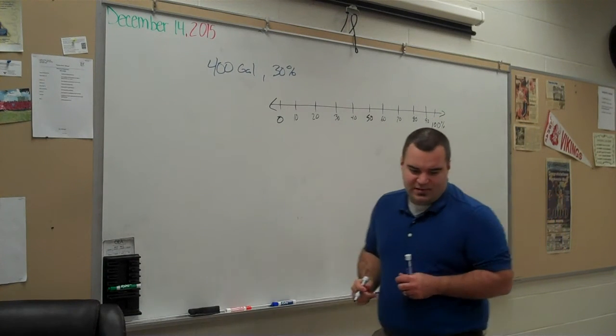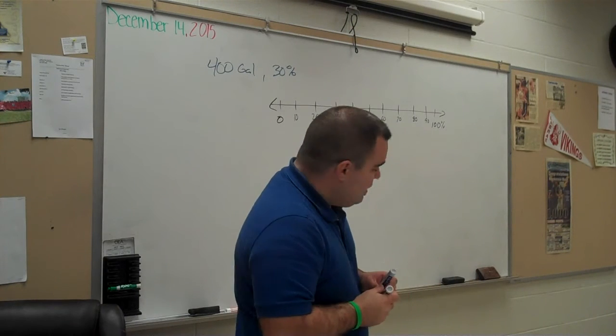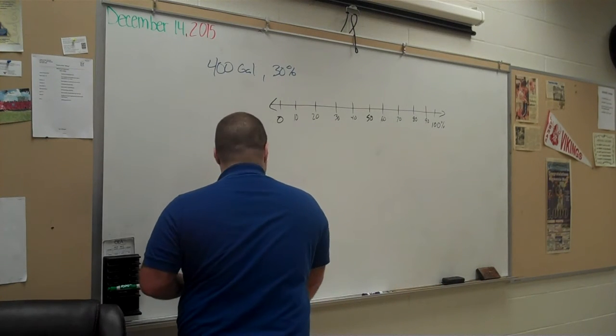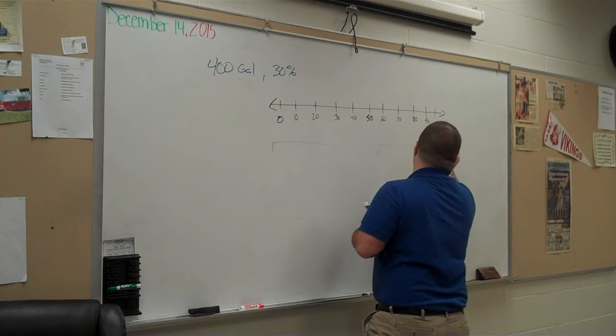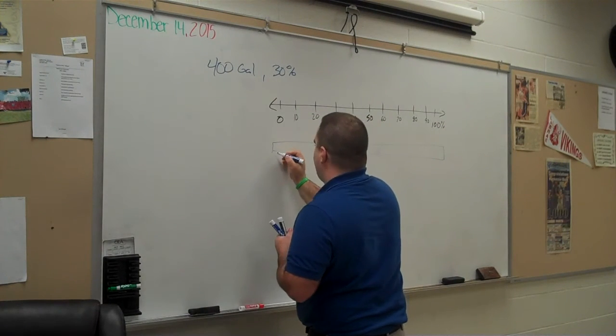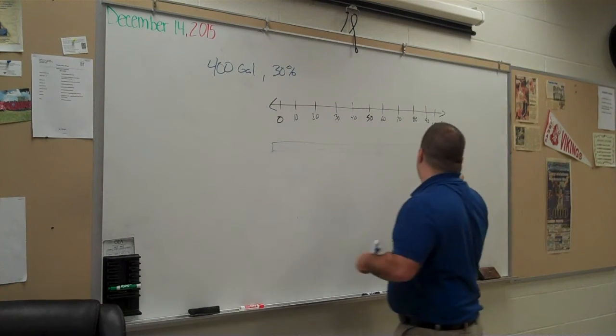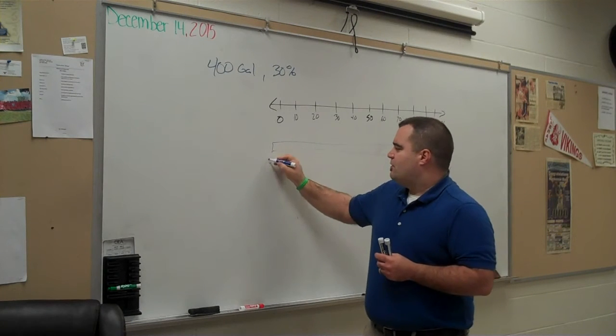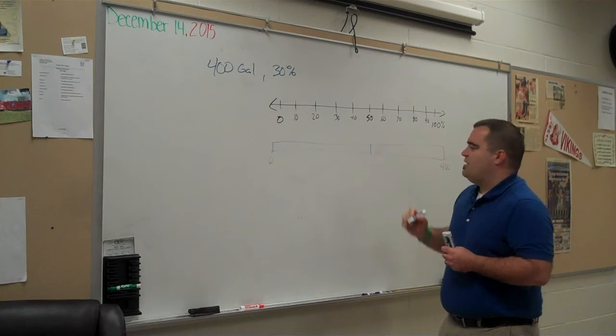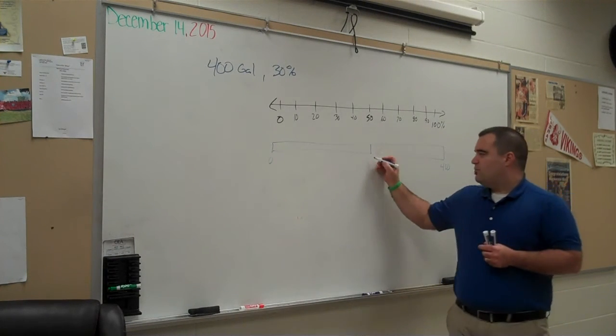I'm not going to draw the percent sign 10 times. Then underneath, we have a bar. We have 400 gallons here. We have 0 gallons here. At the 50% mark, that's 200 gallons of water.